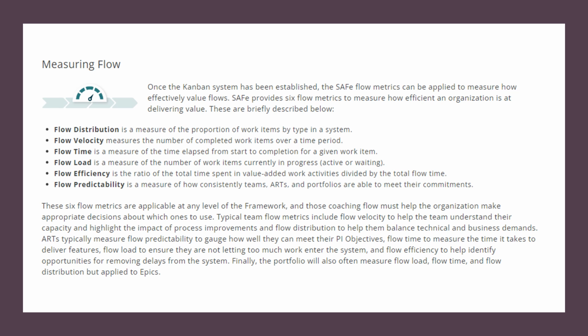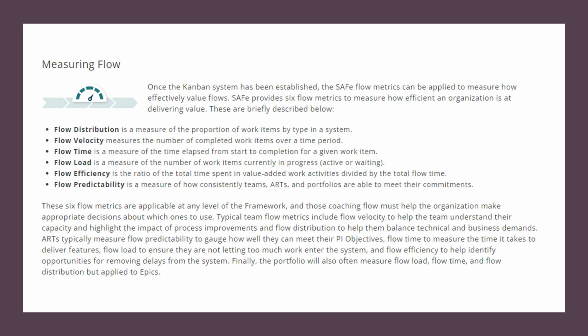Then they can measure flow time to measure the time it takes to deliver features, flow load to ensure they're not letting too much work enter the system, and flow efficiency to help identify opportunities for removing delays from the system. Finally, the portfolio will also often measure flow load, flow time, and flow distribution, but applied to epics.